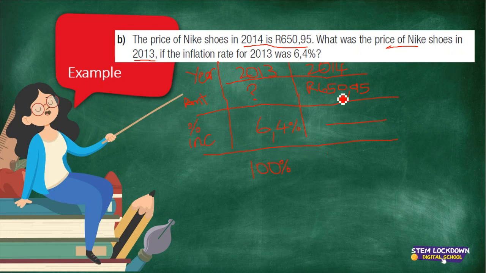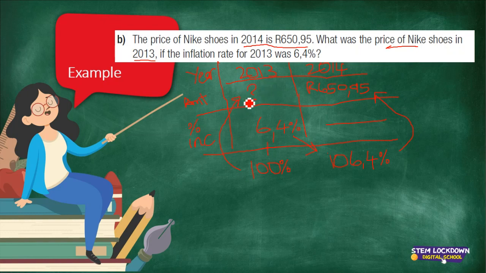Since there's an increase, this amount will be represented by 100 plus 6.4. So you're adding these two to get 106.4%. So 106.4% is equivalent to that value, whereas 100% will be equivalent to that value.